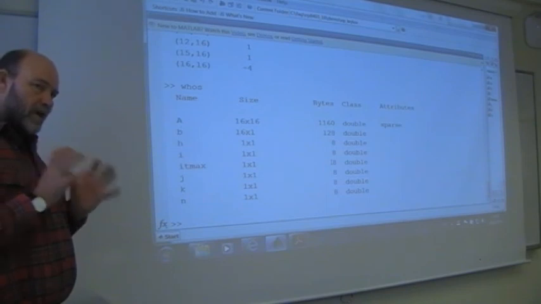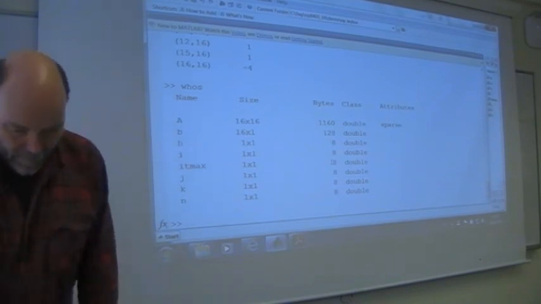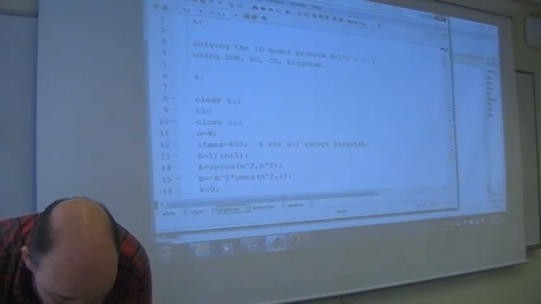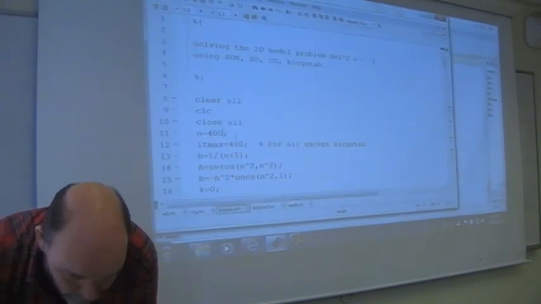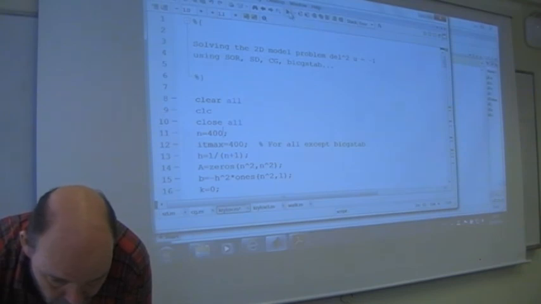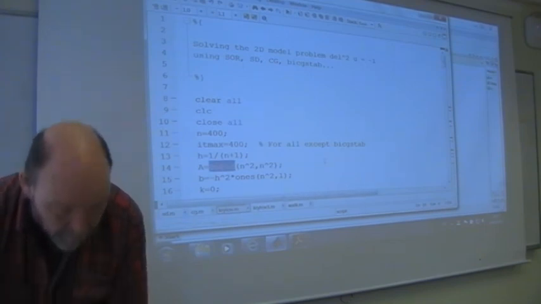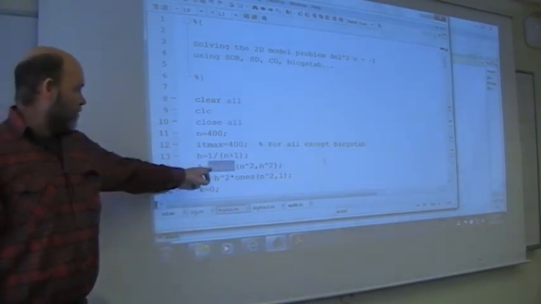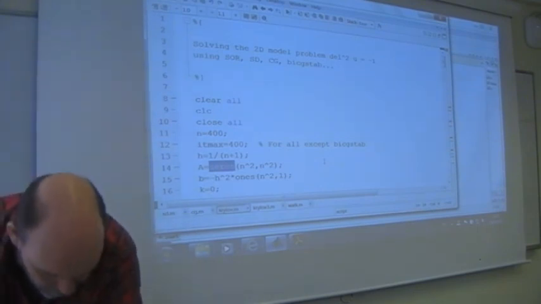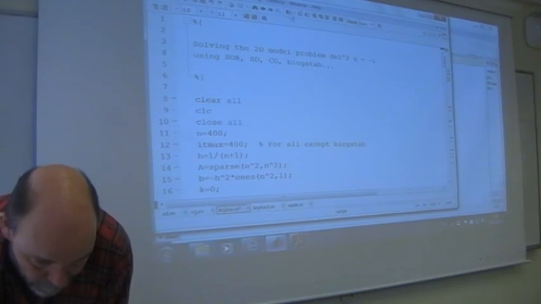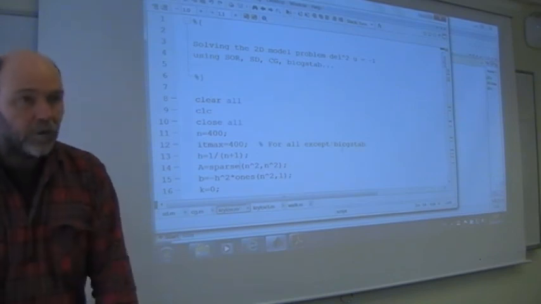So you create them as sparse. And now it should be possible to go to 400. Maybe not 400. No, of course not, because I have it here. My mistake. So instead of writing A equals zeros to set up space, I write sparse. And then it works.